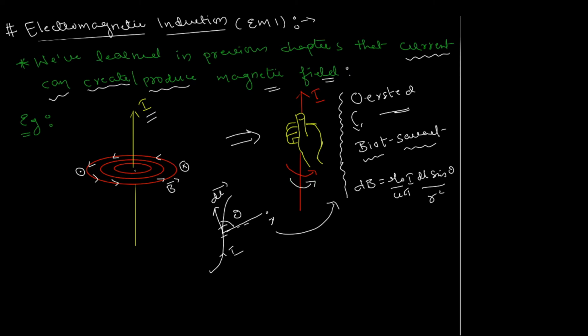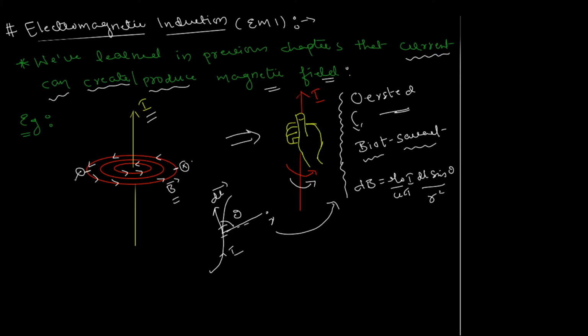Look at these concentric circles, right? So the magnetic field is in that direction. If, let's say, the wire lies on the screen of the system on which you're watching this, then at this point right here the field lines are actually going in, and at this point on the screen itself the field lines are coming out.